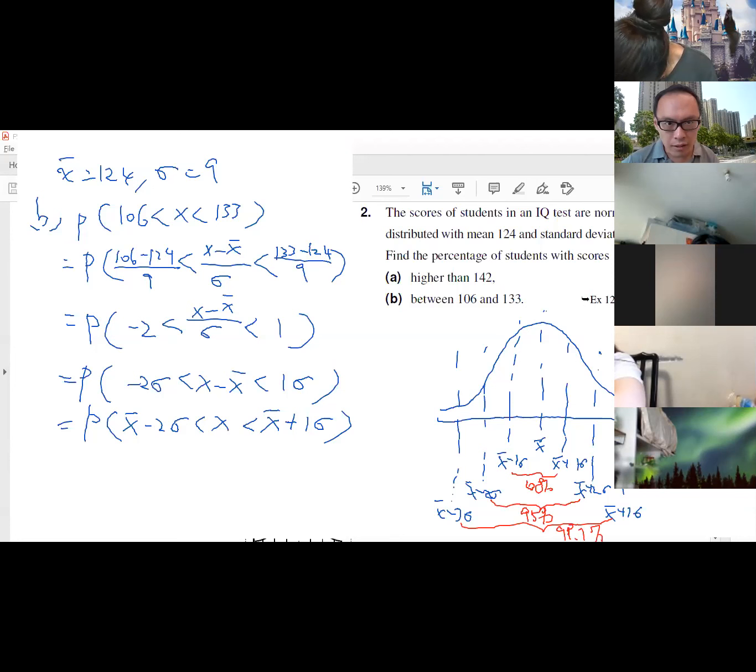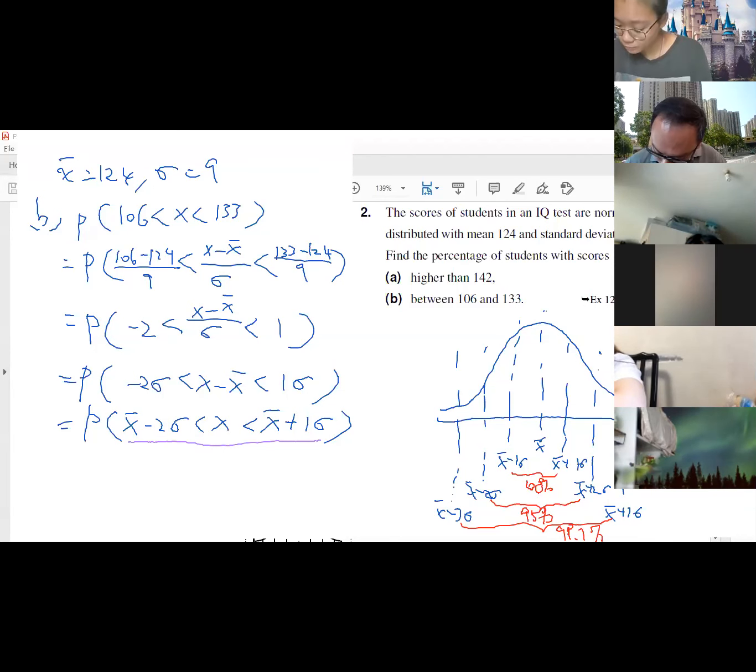And this time what I need is x bar minus 2 sigma less than x less than x bar plus 1 sigma. So let me draw the boundary lines first. X bar minus 2 sigma is this one. Okay, and then x bar plus 1 sigma is this one. Now, what I want to find is between these two lines. Which means that the area I need to find is this shaded area.